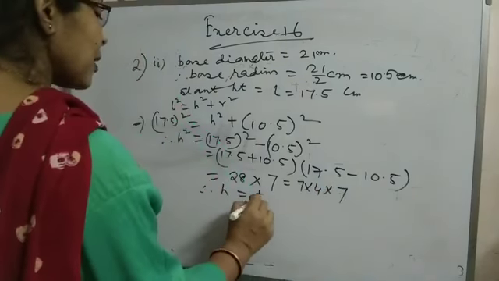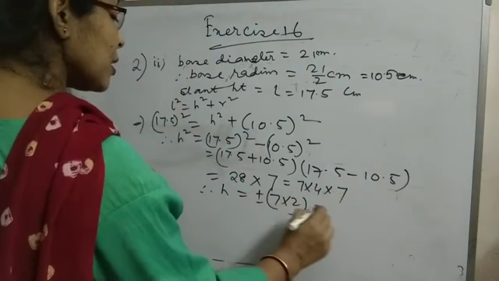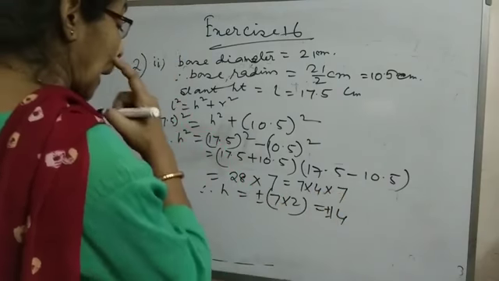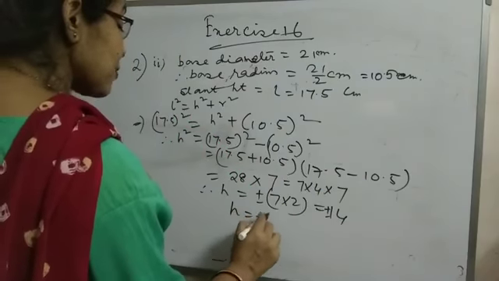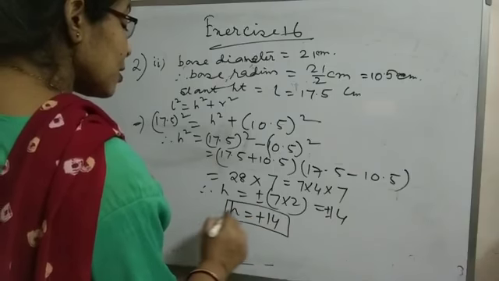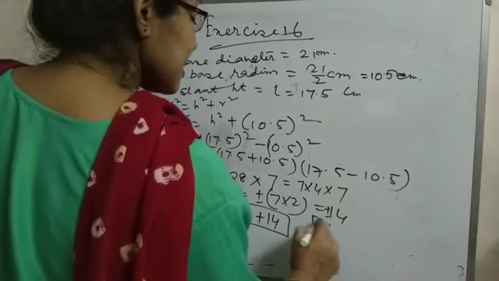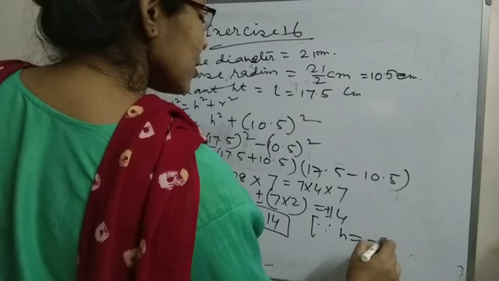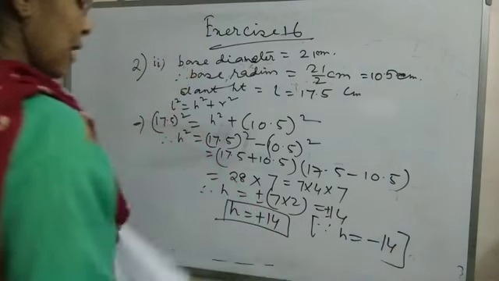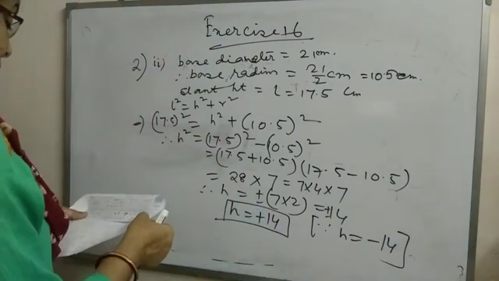Therefore h equal to plus minus 7 into 2 equal to plus minus 14. h equal to plus 14. By the same reason h not equal to minus 14.